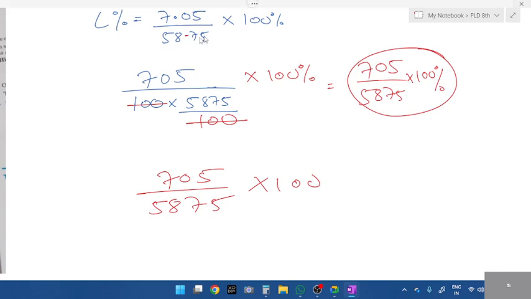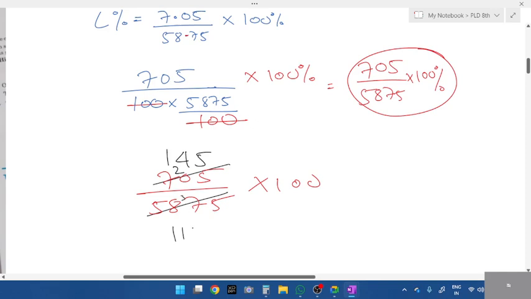How do you reduce using the 5 times table? 5 into 145 and denominator 75. Next.